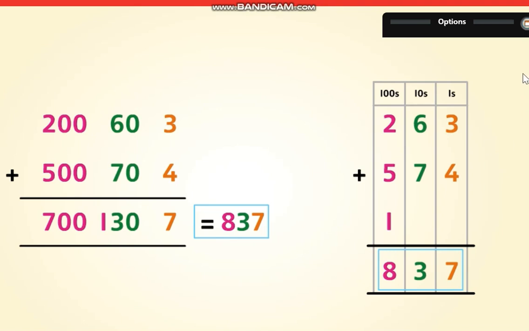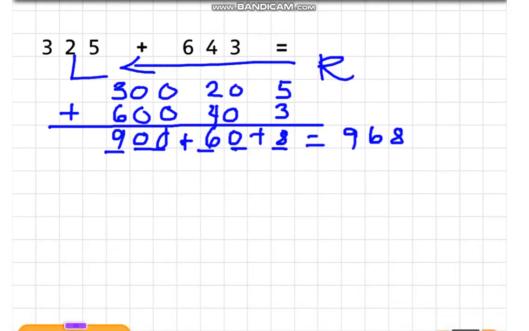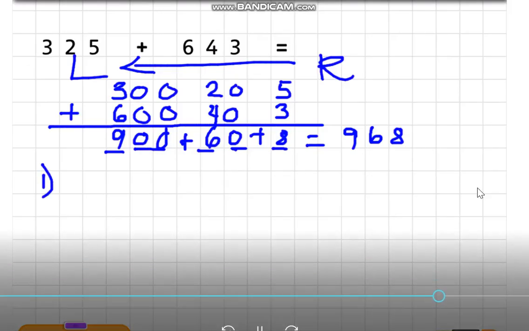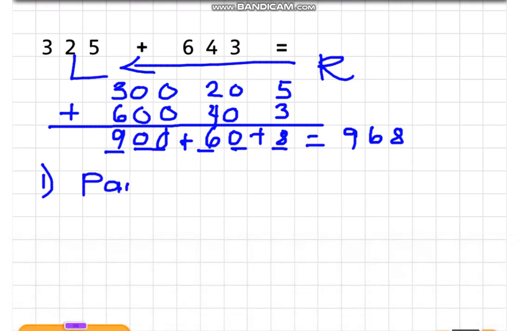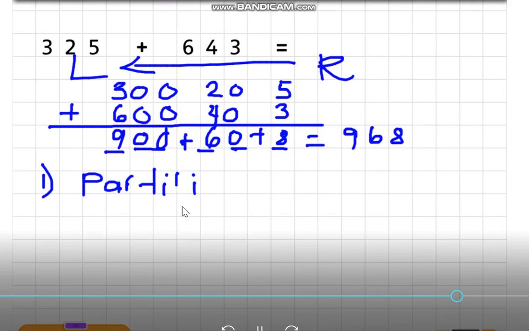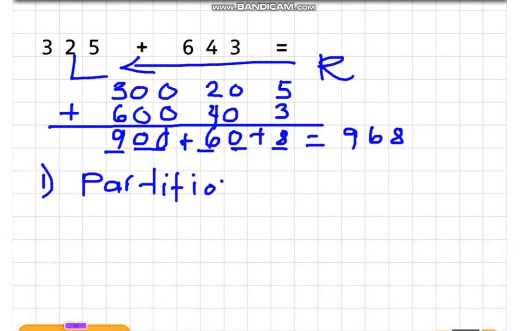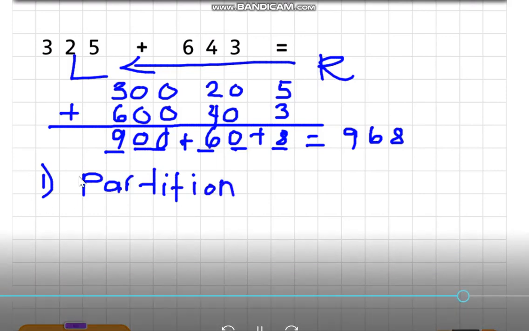Okay, now let's go to our next page and let's revise what we have done so far. Okay, so first one, how to solve our addition here. You're going to expand your numbers according to the place value.